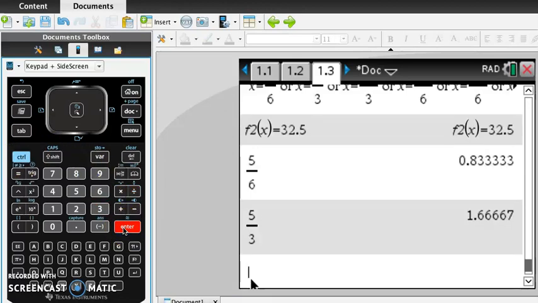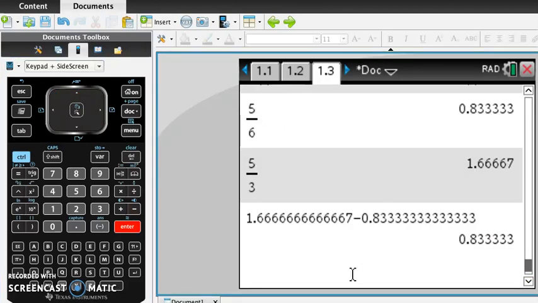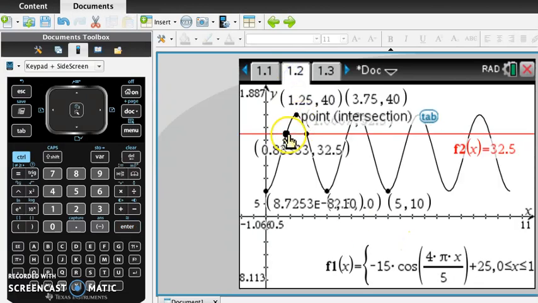All right, so what's the difference? Oops, I should have put a minus sign in. Subtract that. So it's 0.8333 different. So if we look at the curve, the difference from there to there is 0.833.